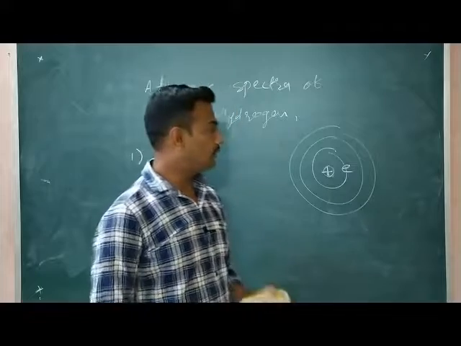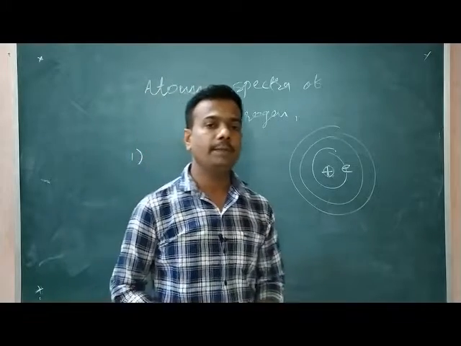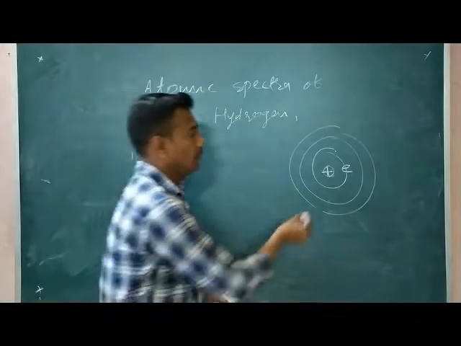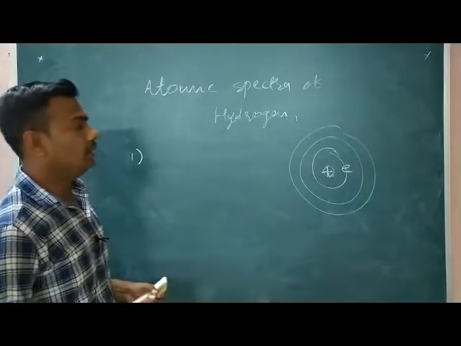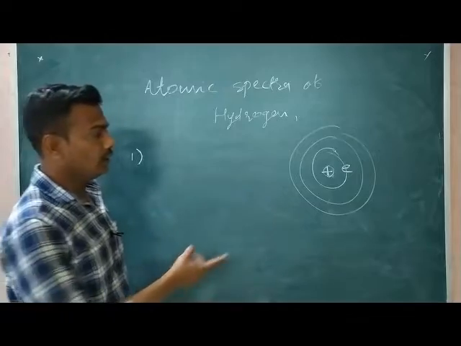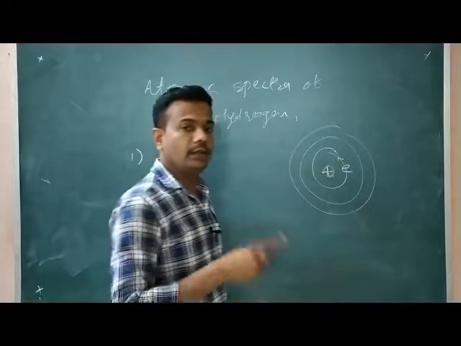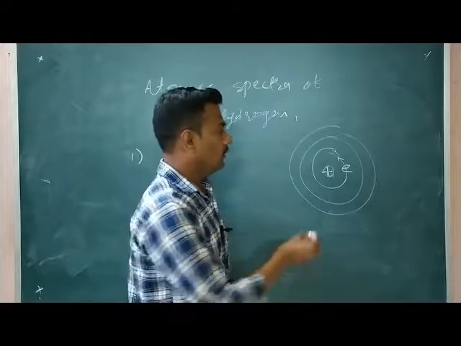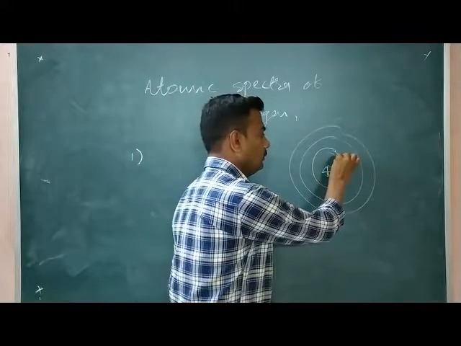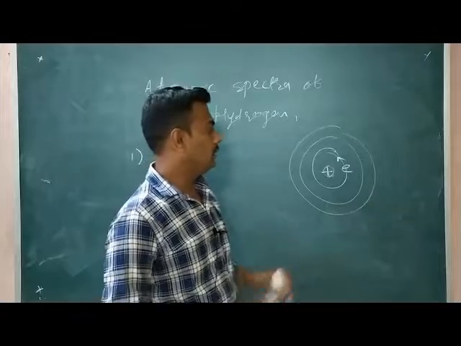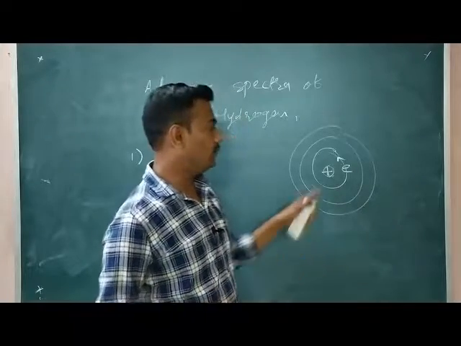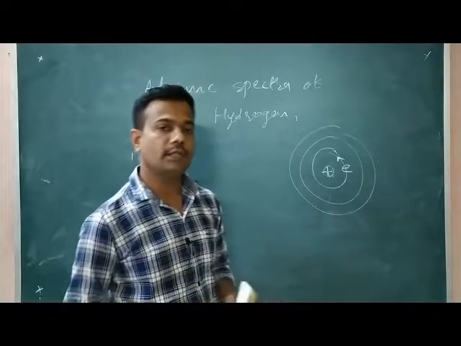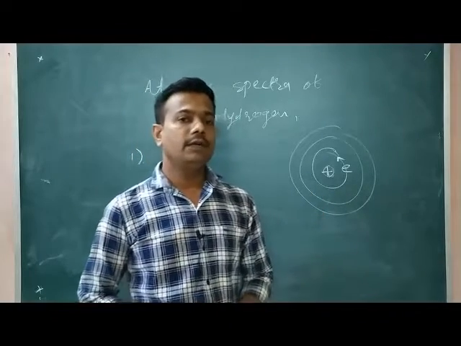According to Bohr's atomic model, the first postulate tells us that electrons revolve around the nucleus in a circular orbit, and the necessary centripetal force for revolving the electron in a circular orbit is provided by the electrostatic force of attraction between the positively charged nucleus and the negatively charged electron.